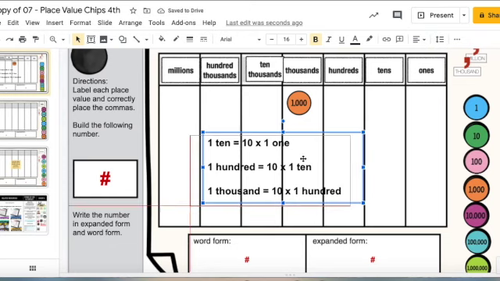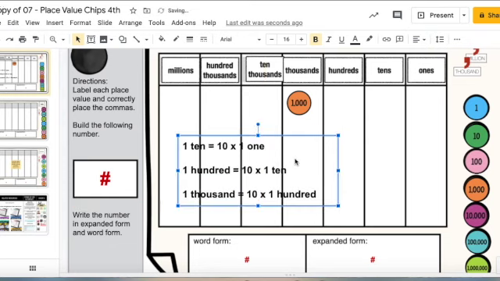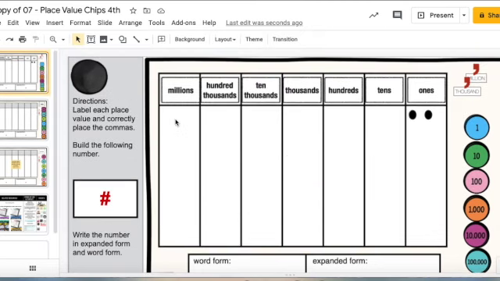So let's look at it again, and we are going to use these place value chips again. This time I have switched to using these little black dots to represent the chip model, as it is called, instead of the place value discs.